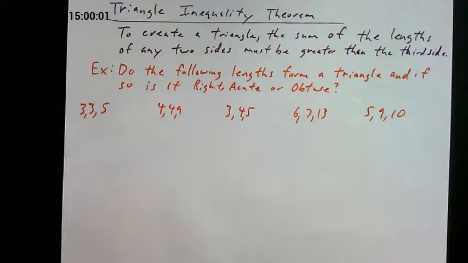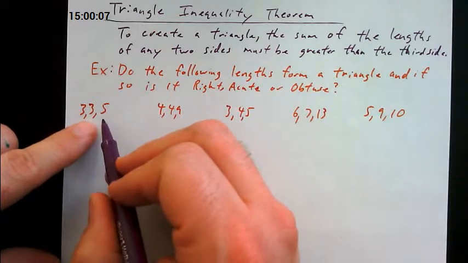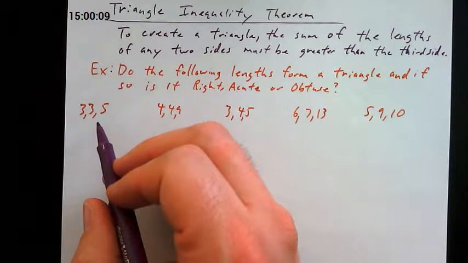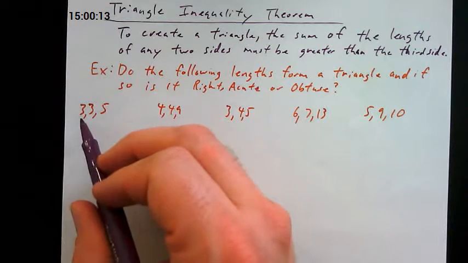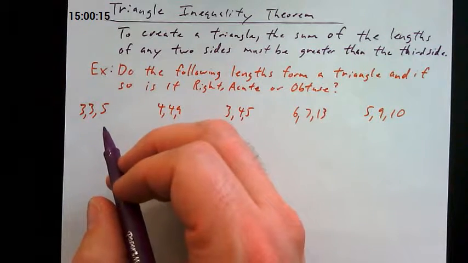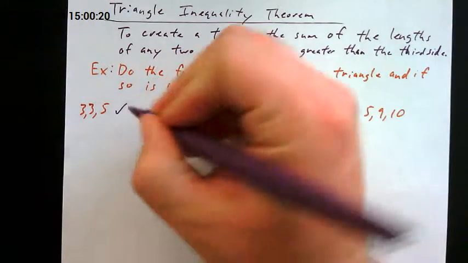But you really only have to do the two smallest. If I was to add any of them together with the biggest, of course it's going to be greater than one of the smaller sides, right? Because 5 by itself is already bigger than the other two. So you don't really have to look at those other pieces. So this one works as far as a triangle goes.